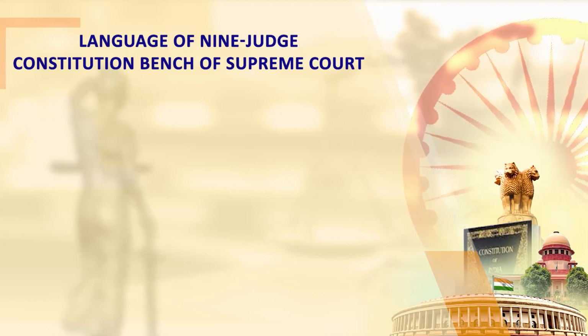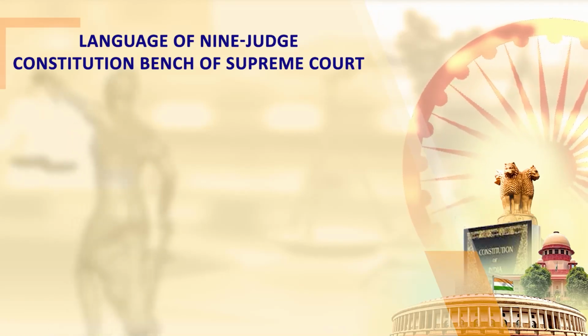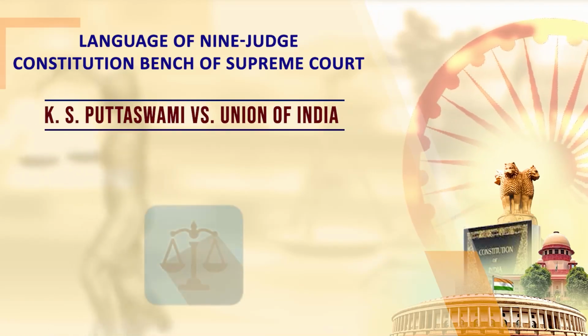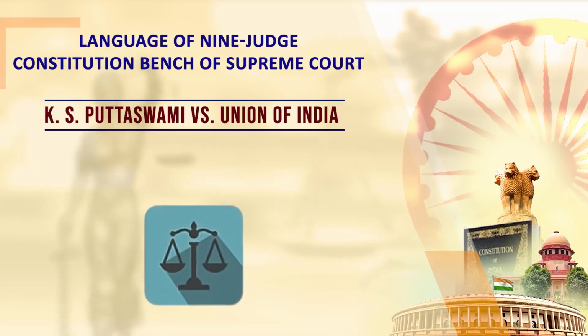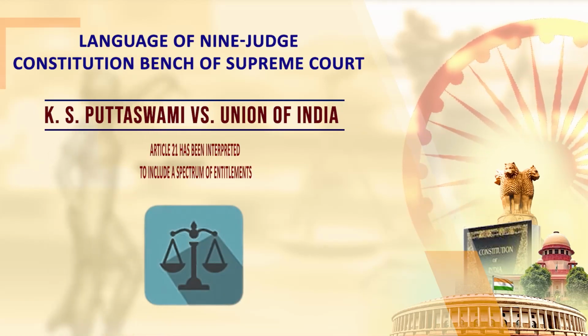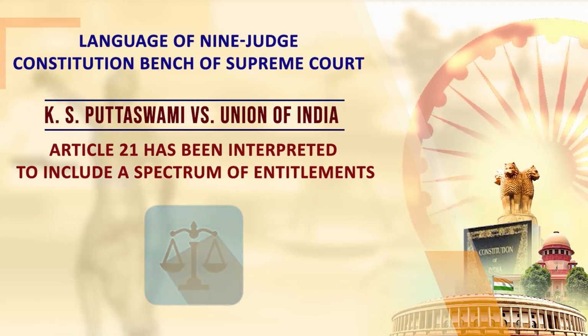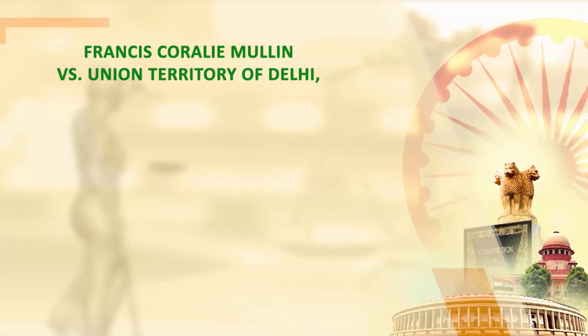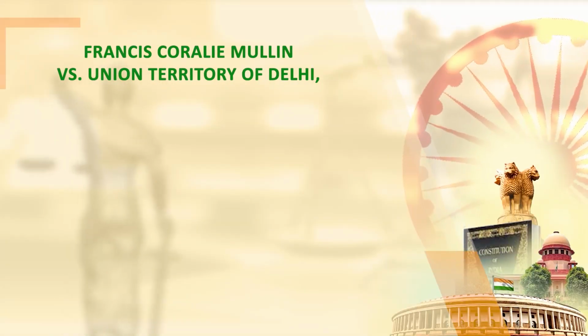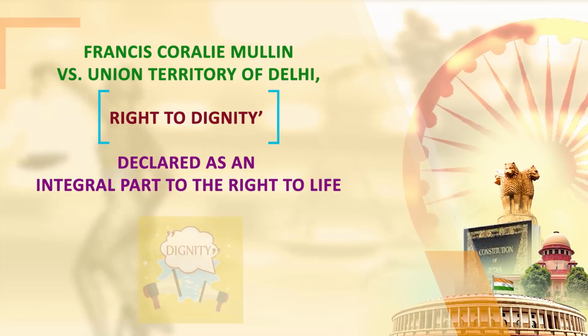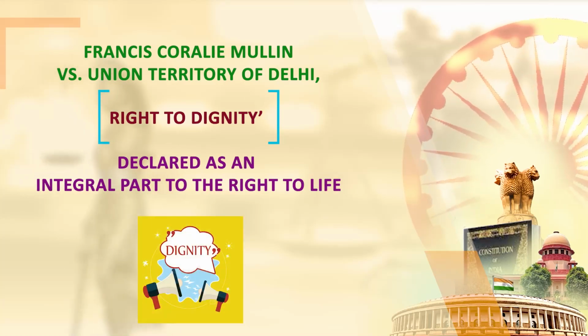Now in the language of another larger bench of the Supreme Court, the 9-judge Constitution Bench in Puttaswamy versus Union of India, it is stated that Article 21 has been interpreted to include a spectrum of entitlements. The rights which have been held to flow out of Article 21 include, for example, in Francis Coralie versus Union Territory of Delhi, the right to dignity, declared an integral part of the right to life.